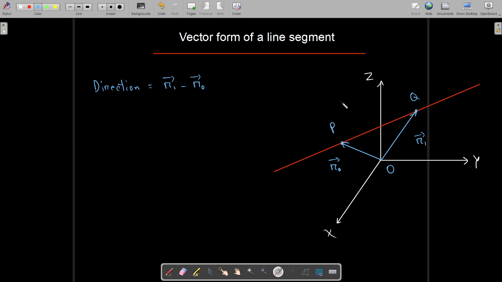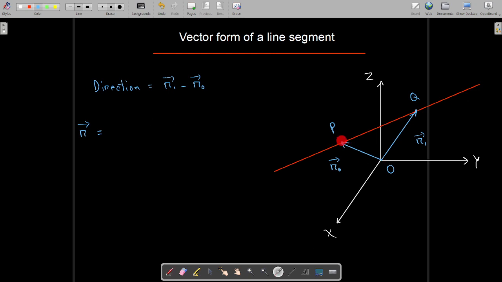Now if I want to find the general vector form of the whole line, I am determining the whole equation of the line. So the line equation becomes R equal to, let us go to P point first.